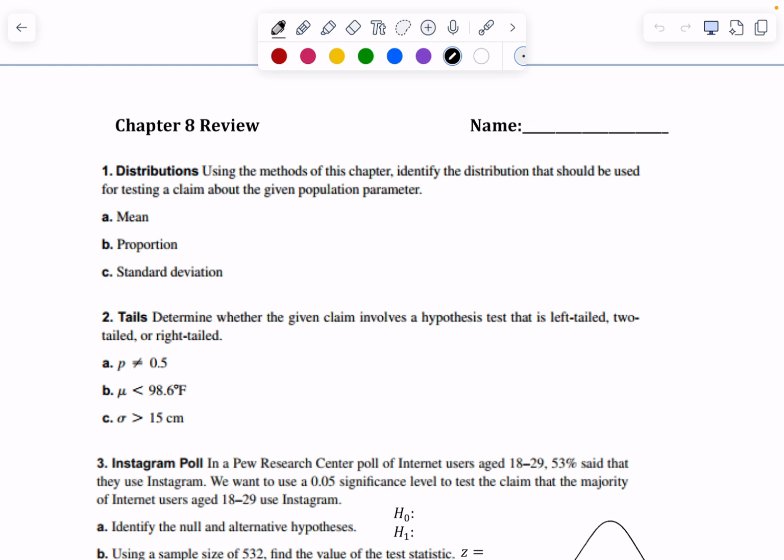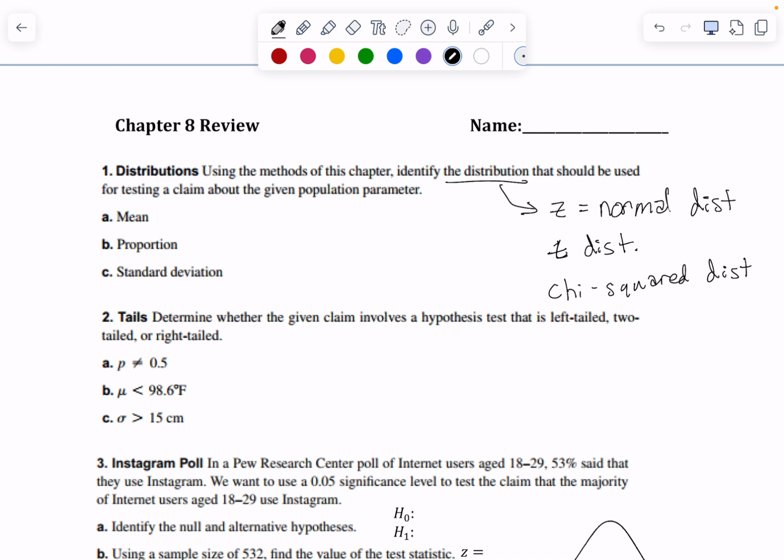Okay, here we go. Number 1 and 2. Number 1, using the methods of this chapter, identify the distribution that should be used to test the claim about the given population. The type of distribution. There are 3 types of distribution. There is the Z distribution, which is also called the normal distribution. There is the T distribution, or there is the chi-squared distribution.